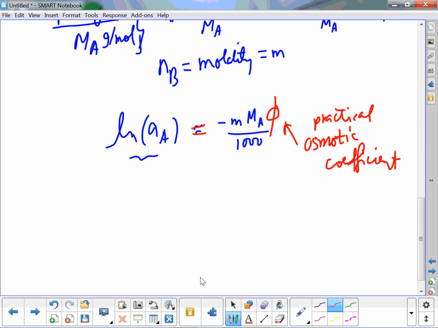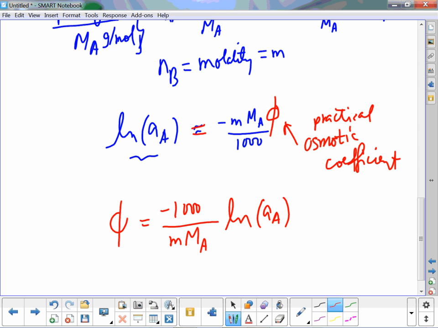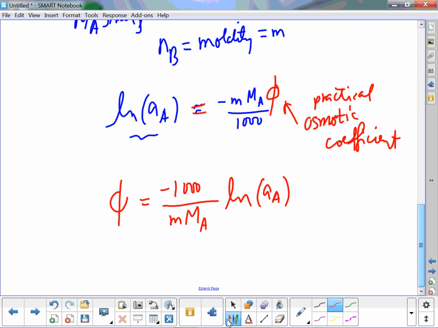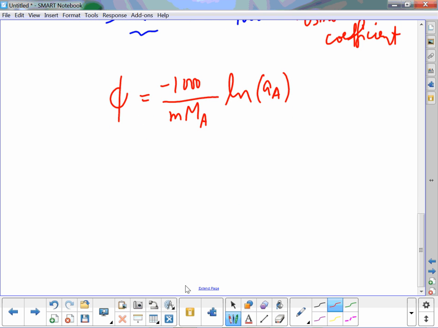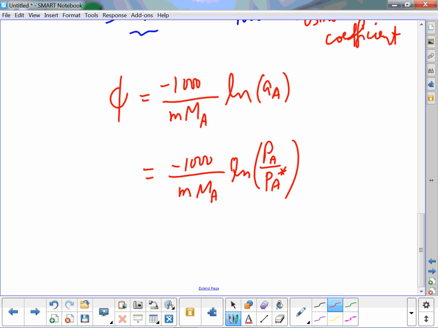So phi then is equal to 1,000 over molality times molar mass of A, and there's a negative there, natural log of the activity of A. This is going to be negative 1,000 over total molality of solute particles, times molar mass of A, times natural log of the activity of A, which is PA over PA star.